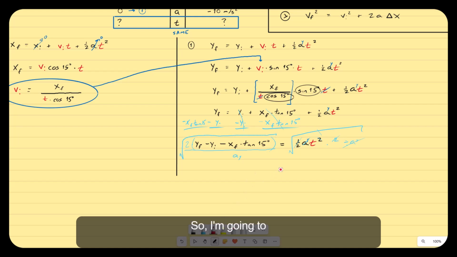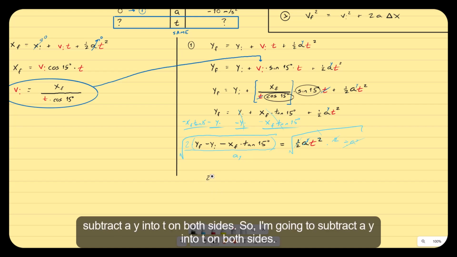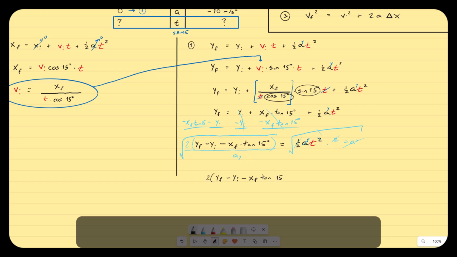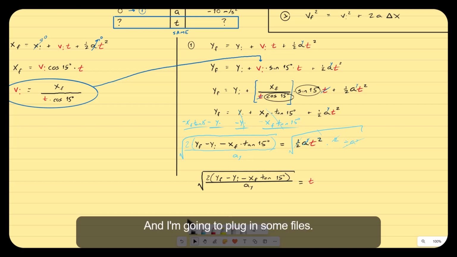And that leaves me with 2 times y final minus y initial minus x final tan 15, all over the acceleration in y, all under a square root, equals t. And I'm going to plug in some values.